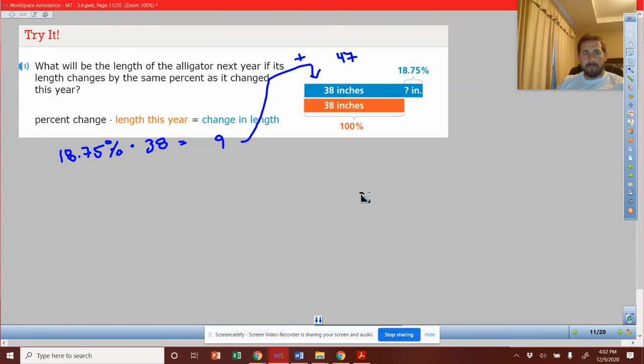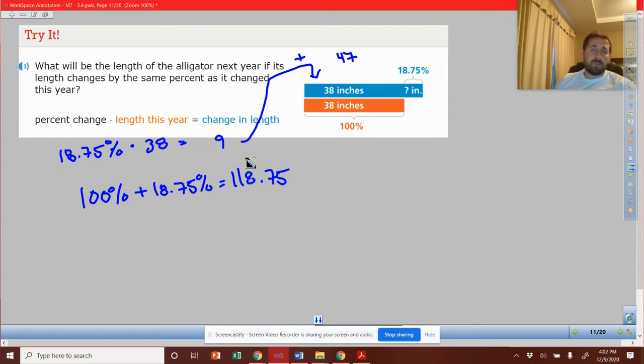Another way that I might encourage you to start looking at is we have the alligator. It is 100% the alligator. And then it's going to grow by 18.75%. So it's going to be 118.75%. This can make us do just one calculation.